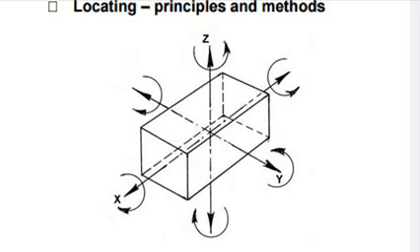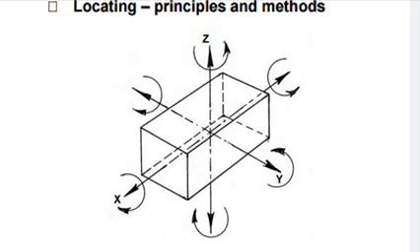Therefore it is constituted that there are 6 linear motions we have seen: x plus, x minus, y plus, y minus, z plus, z minus. Again there are 6 twisting moments, or we can call them 6 twisting degrees of freedom. And what are they?